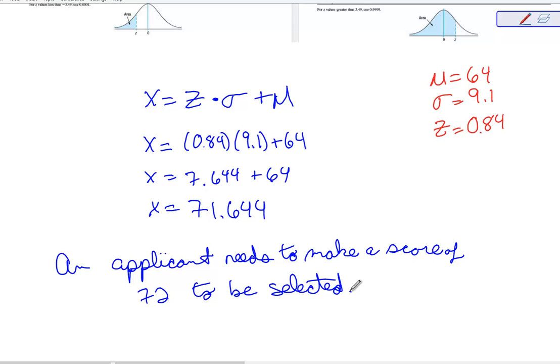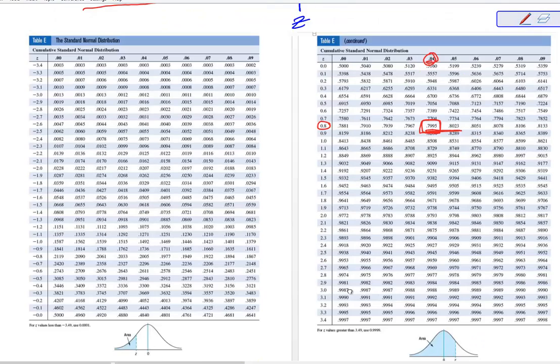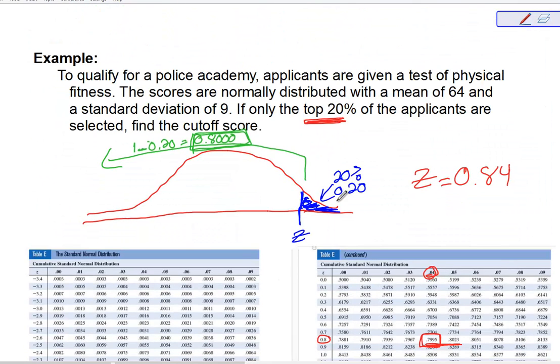Now it's one of these cases where we've gone through a couple of different types of problems, and you really have to practice reading the problems and determining, do I need to convert them into z-scores first, or do I need to look them up in the table first? One key is, does it give me a percentage or a probability? If it gives a percentage, that's where we need to look them up in the table first.